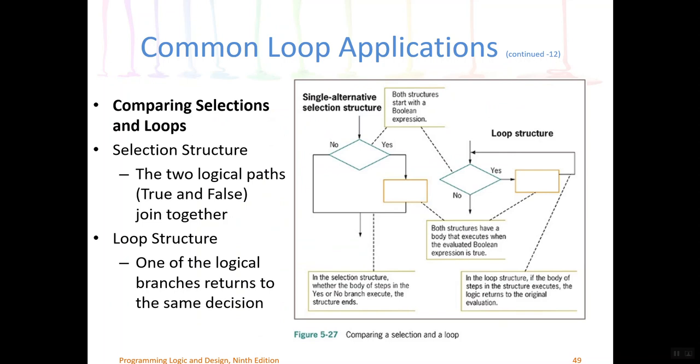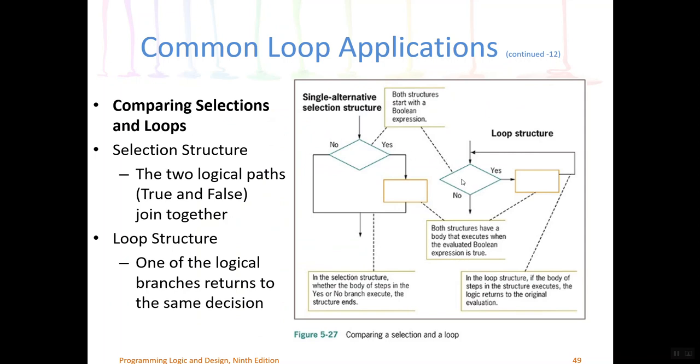And finally, we have a slide here that just does some comparisons between the selection structure and the loop structure. I know working with students, a lot of times these structures are confused, and I could see why. They both start with a decision. They both start with a Boolean expression, right?